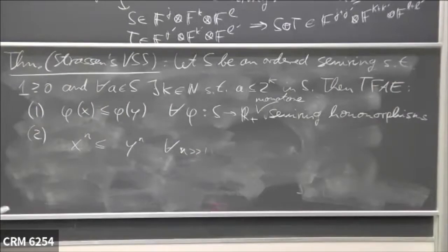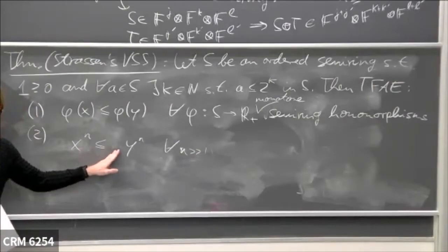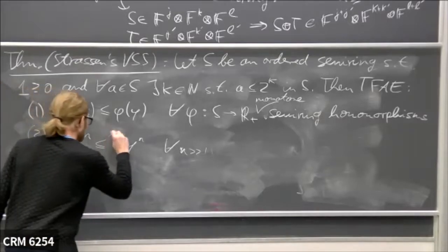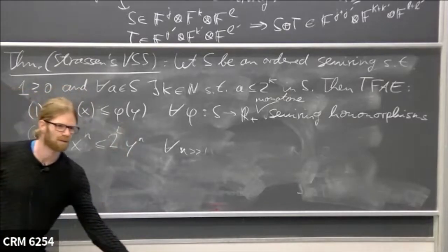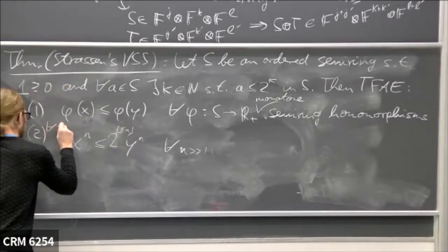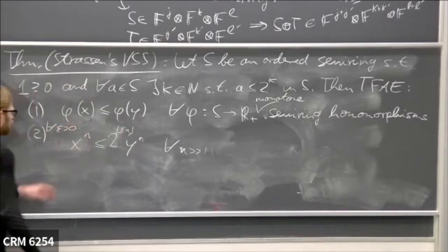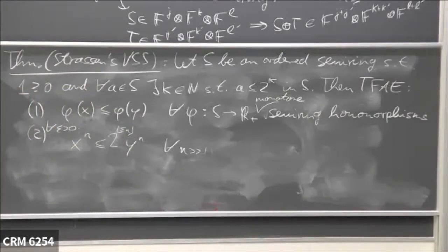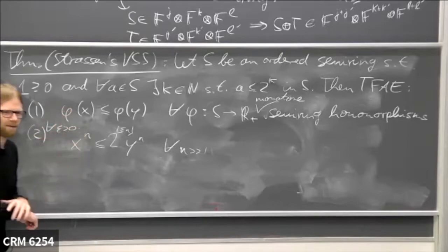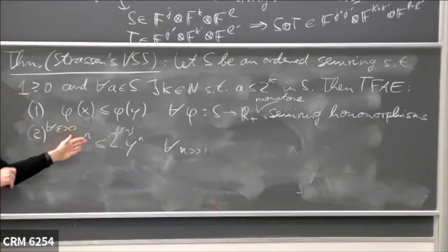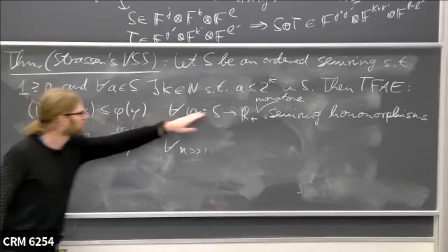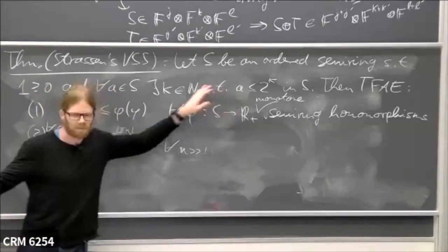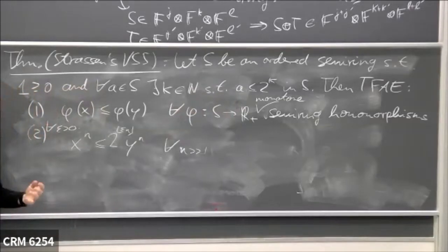We need to make it a little bit easier for this to hold by allowing some additional small power of 2, to the epsilon n. So for all epsilon greater than 0, we have this inequality. Now this is a sort of thing that answers a question very similar to what we had started with. It does apply to the case of tensors, where this boundedness condition holds. So that is nice. That was Strassen's insight.